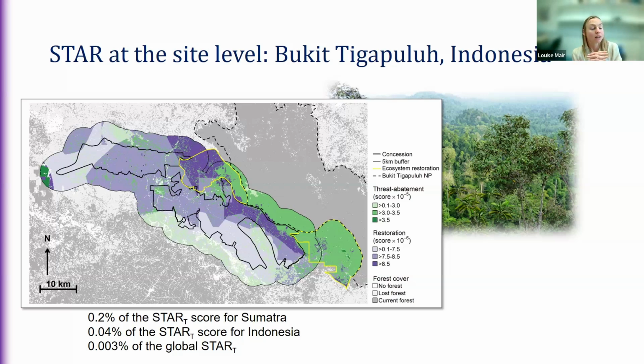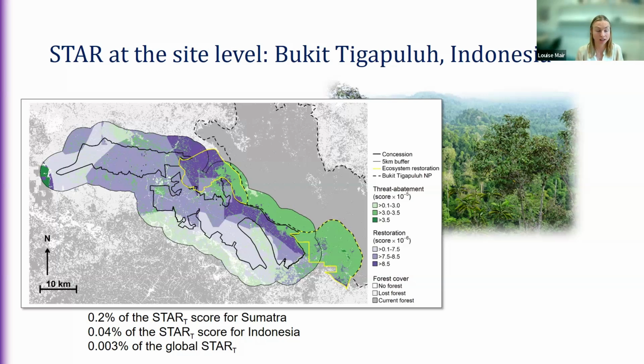So this particular landscape is within Sumatra, and the total threat abatement score for this landscape is 0.2% of the total threat abatement score of Sumatra, which doesn't sound like very much, but actually the land area is less than 0.2% of the land area of Sumatra. So it actually is having a potentially outsized contribution.